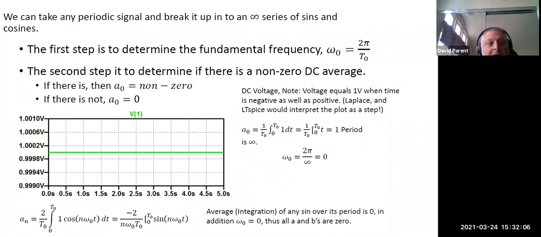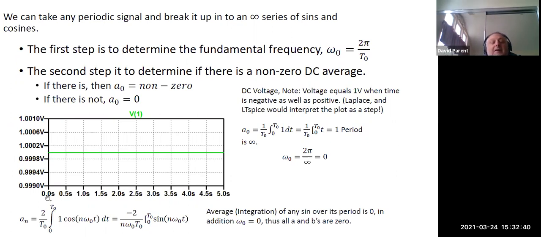Again, like I said before, we take any periodic signal and we can break it up into an infinite series of sines and cosines. But we have to find the fundamental frequency first. Then we determine if there's any non-zero DC average. Here we have V1 and it looks DC, except we're starting at 0 seconds.